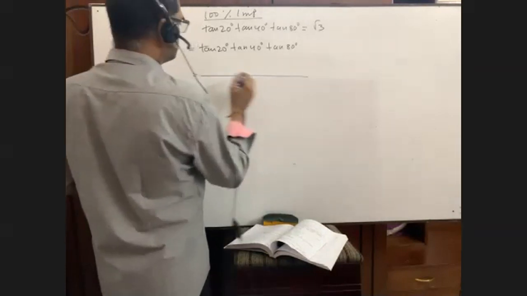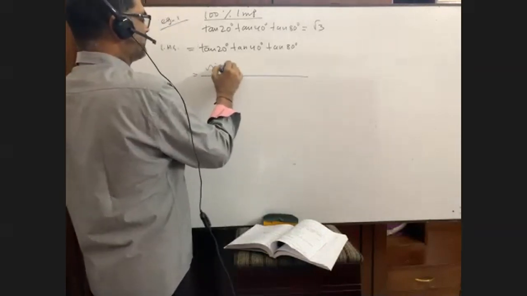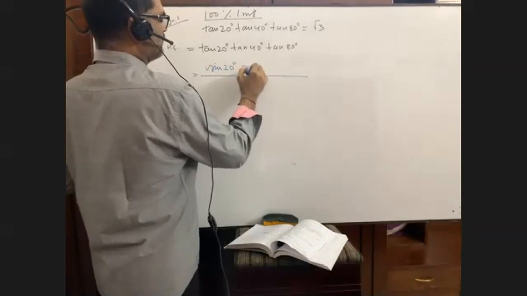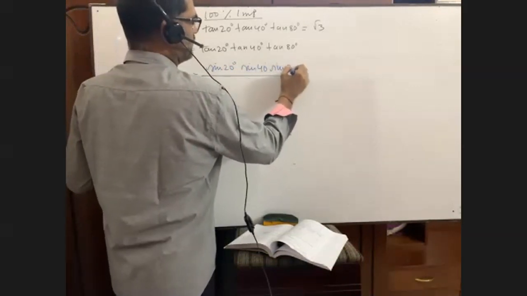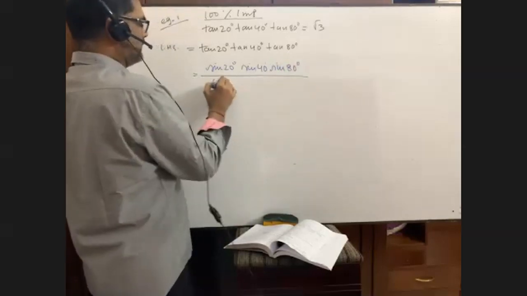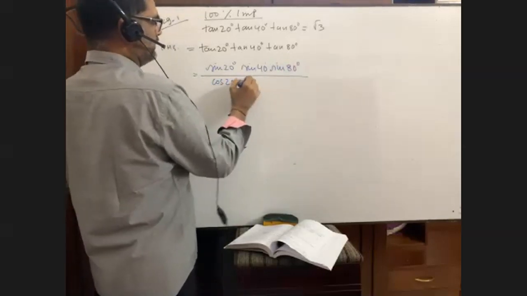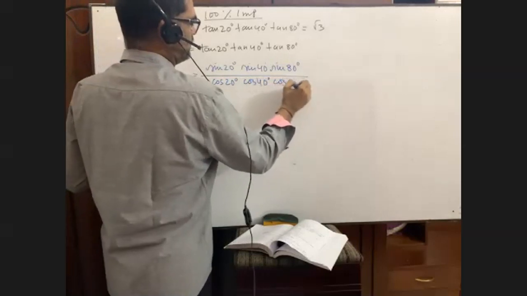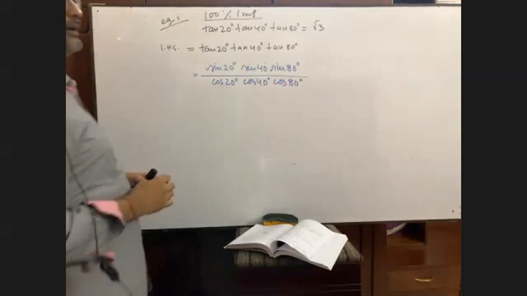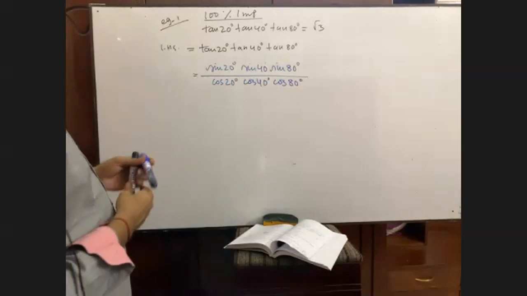You see, sine 20 sine 40 sine 80 by cosine 20 cosine 40 cosine 80. What I have done, I have converted all into sine theta and cos theta.